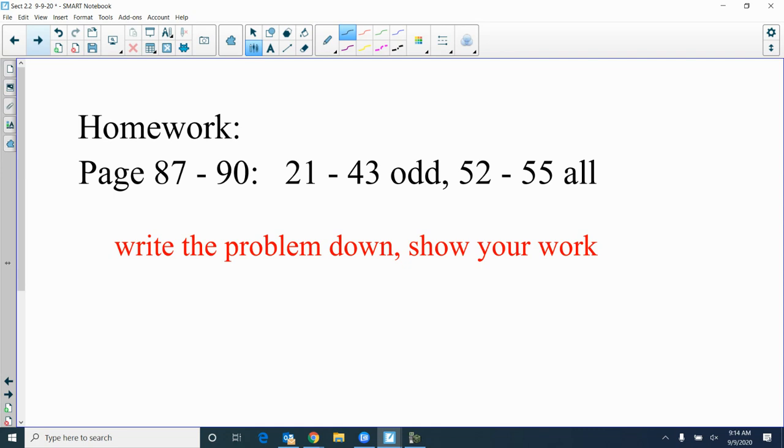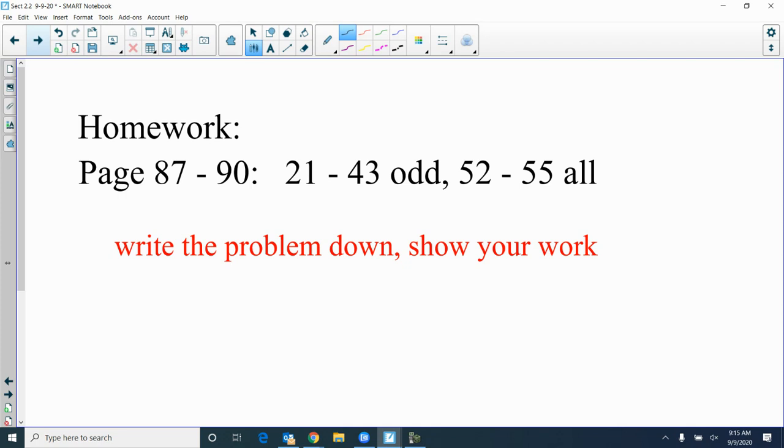Write this down on your sheet there. Page 87 to 90, 21 to 43 odds. Morgan, when you write the problems down, don't start writing like number one, write whatever the actual problem number is.